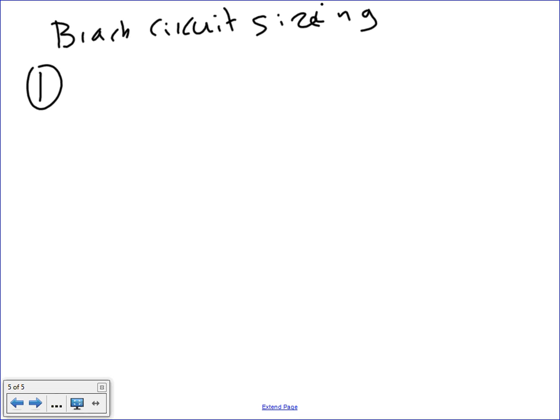Branch circuit sizing. This should be number 1, branch circuit sizing. And if I write sizing, that would be nice, huh?